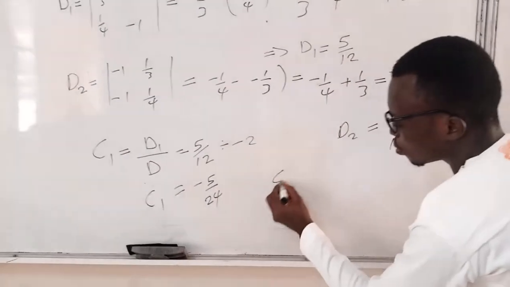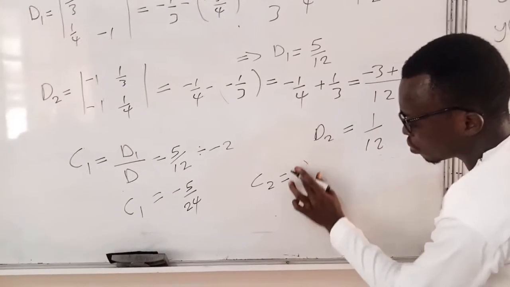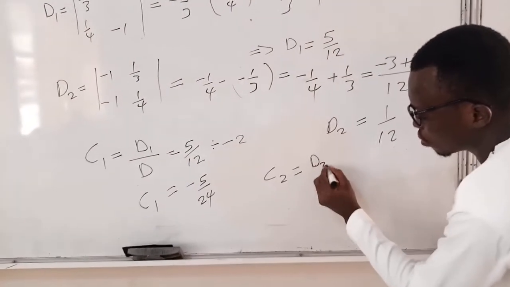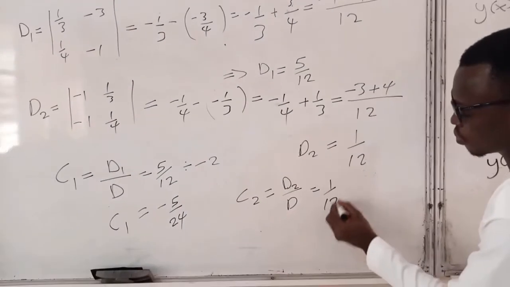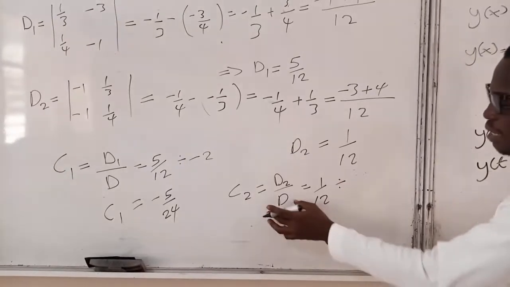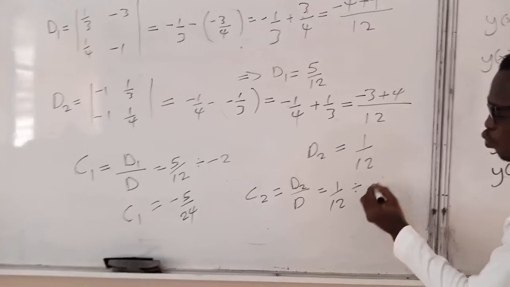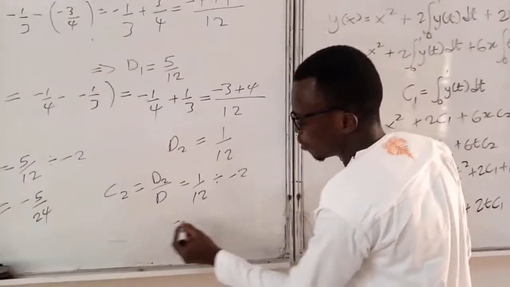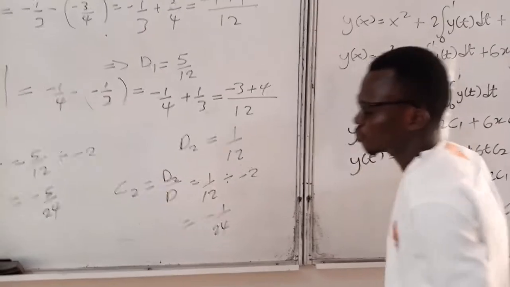Now my c2 is the same as d2 divided by d. And d2 is what? 1 out of 12, divided by d. The d is given in the question as minus 2. So if you do it very well, we're going to get minus 1 out of 24.